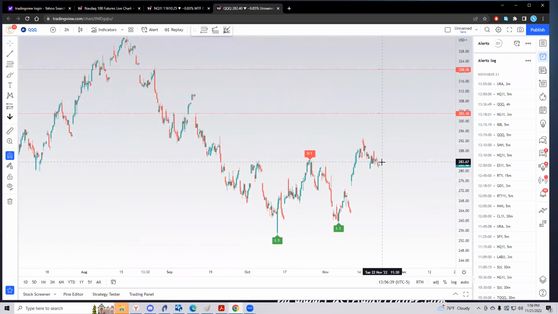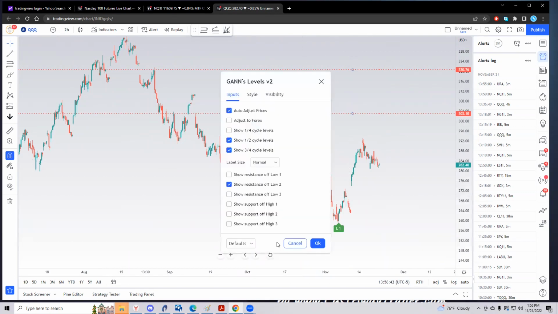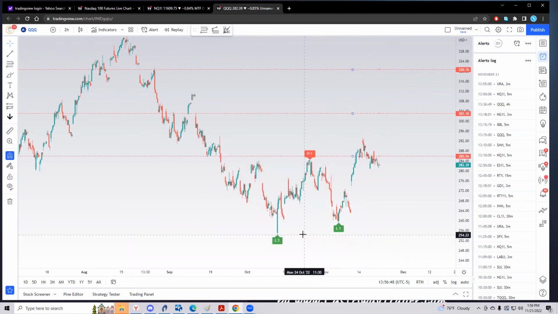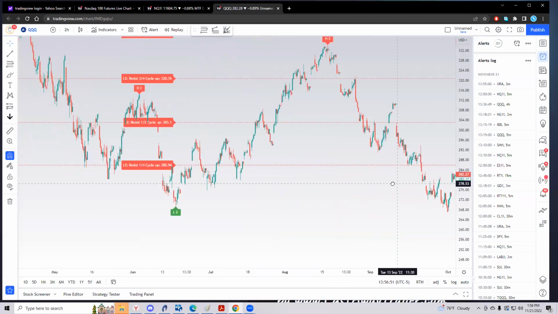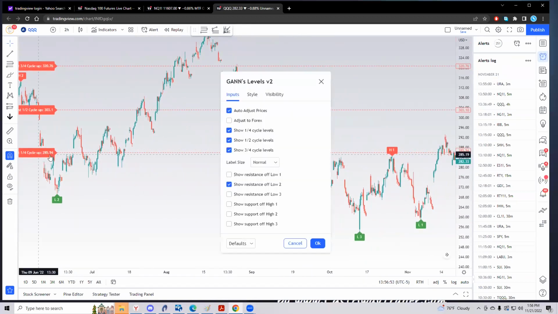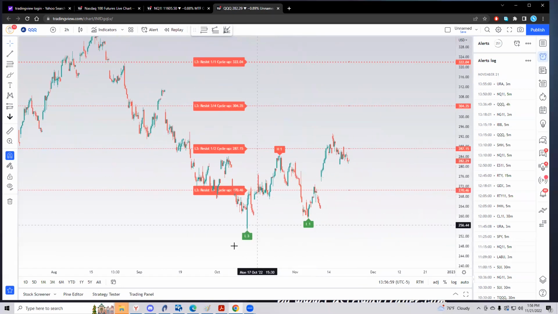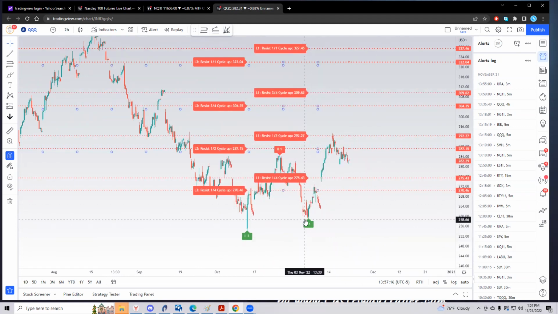So there are 2 small moves for us, because, for example, if we see resistance from L3, the resistance was 287 half cycle, and this is where price found resistance. Let's activate resistance from L1, and exactly half cycle up of L1 nailed the top of that move.